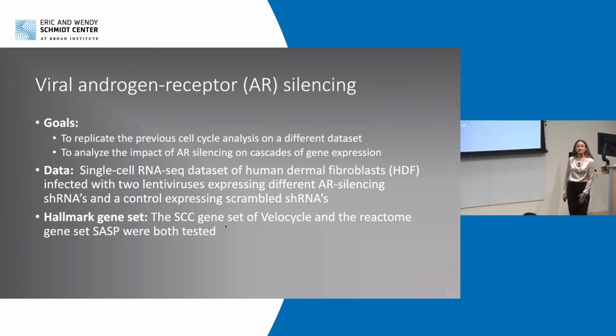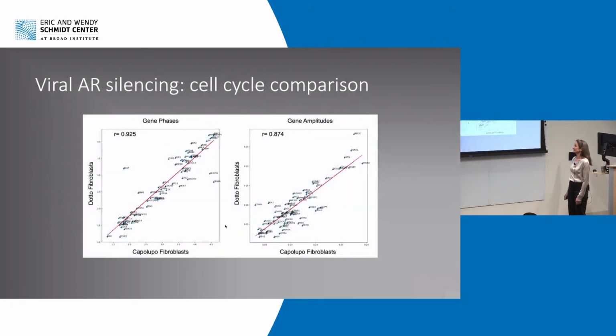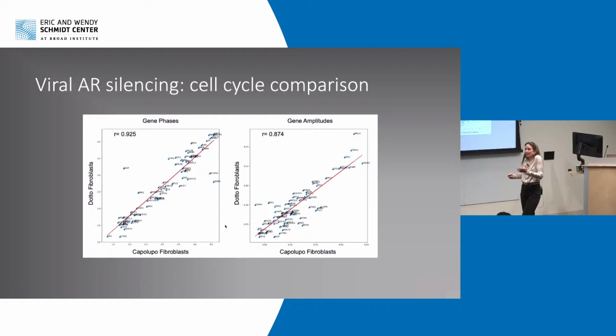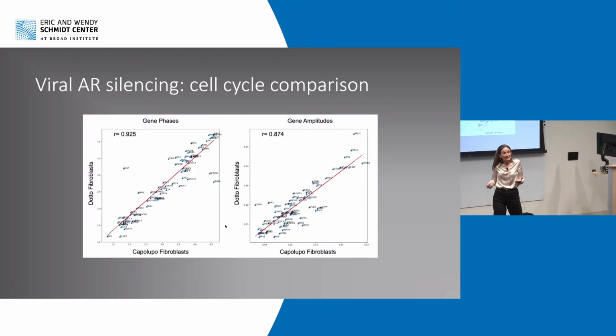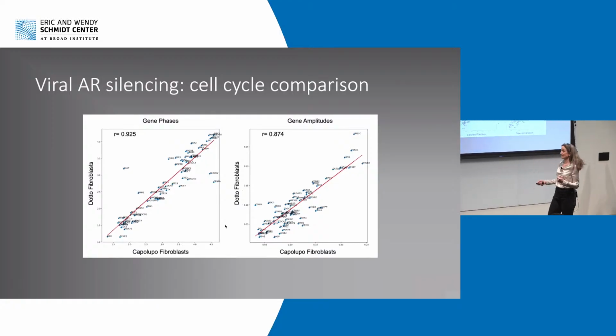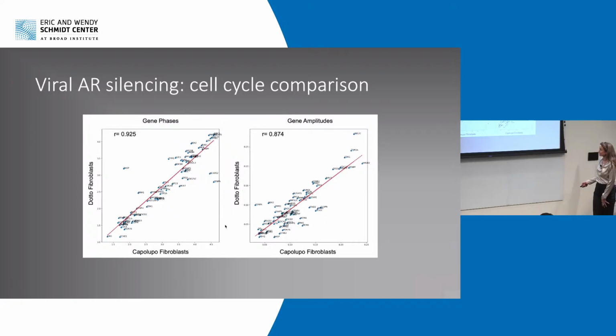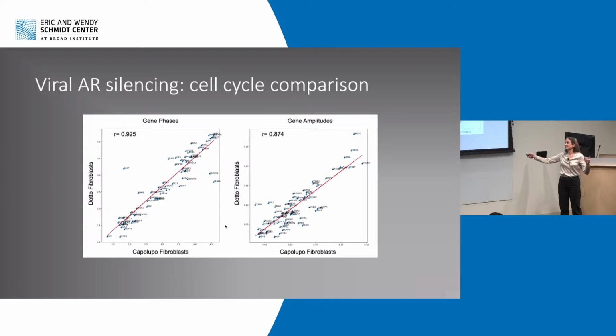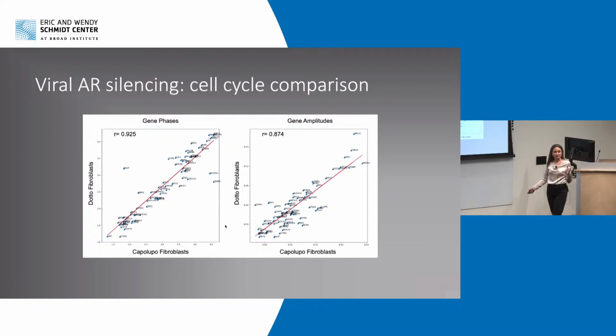So what did we discover in this case? First of all, we looked at a comparison of just the cell cycle, and here we were looking at both the control and the AR-silenced cells. When you compute the phases of the genes and their amplitudes, they correspond beautifully between the 2 different data sets.